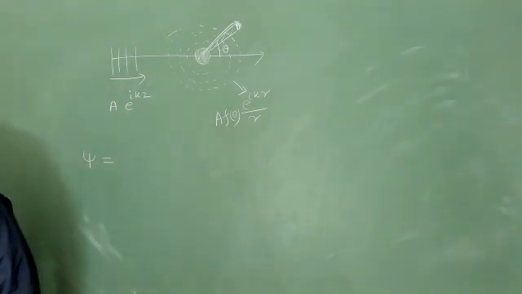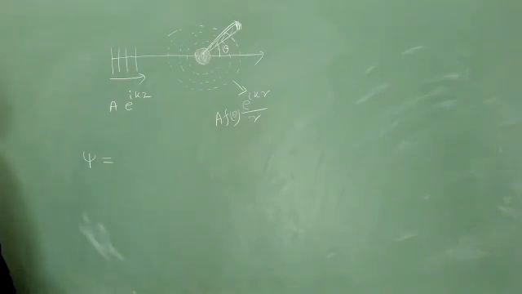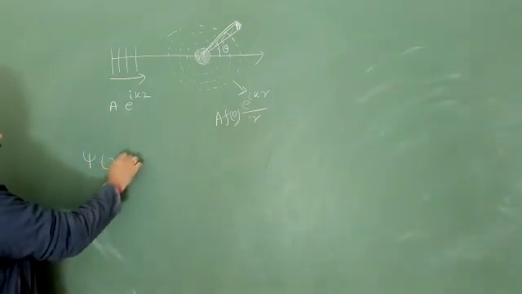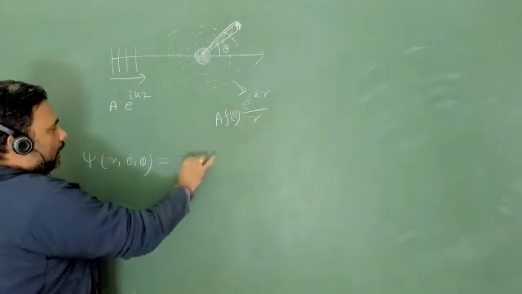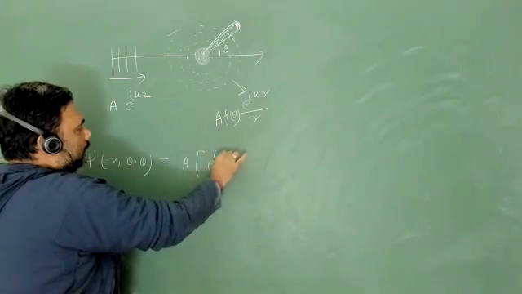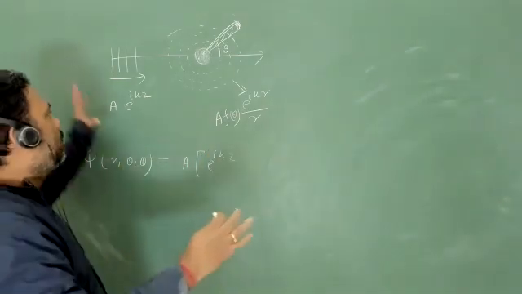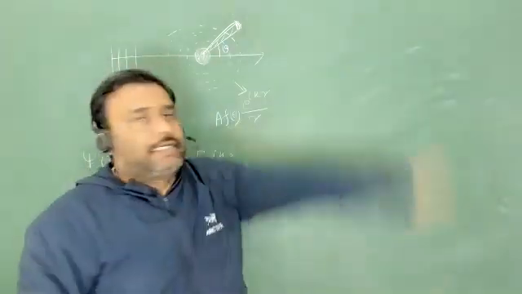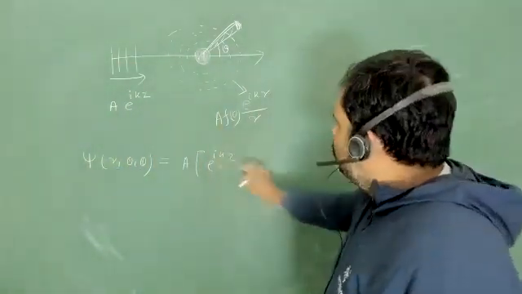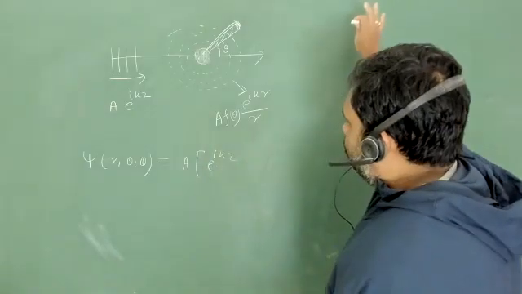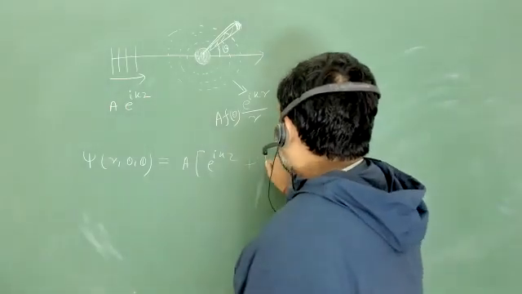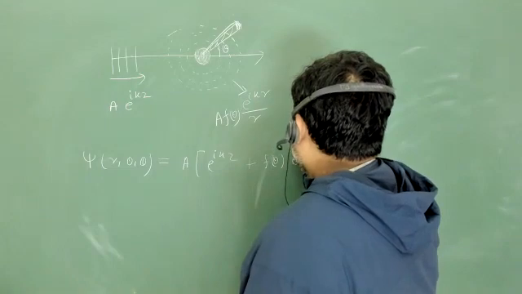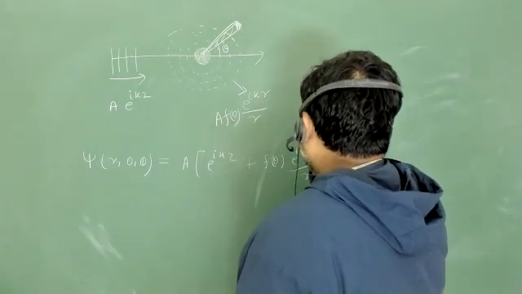So now what is my complete wave function? My complete wave function will be a function of r, theta, phi, and this will be A e to the power i k z, because the complete solution is the solution of the incoming wave plus a scattered wave at r tending to infinity, or at a very large r, not infinity, at a very large r, plus f theta e to the power i k r upon r.